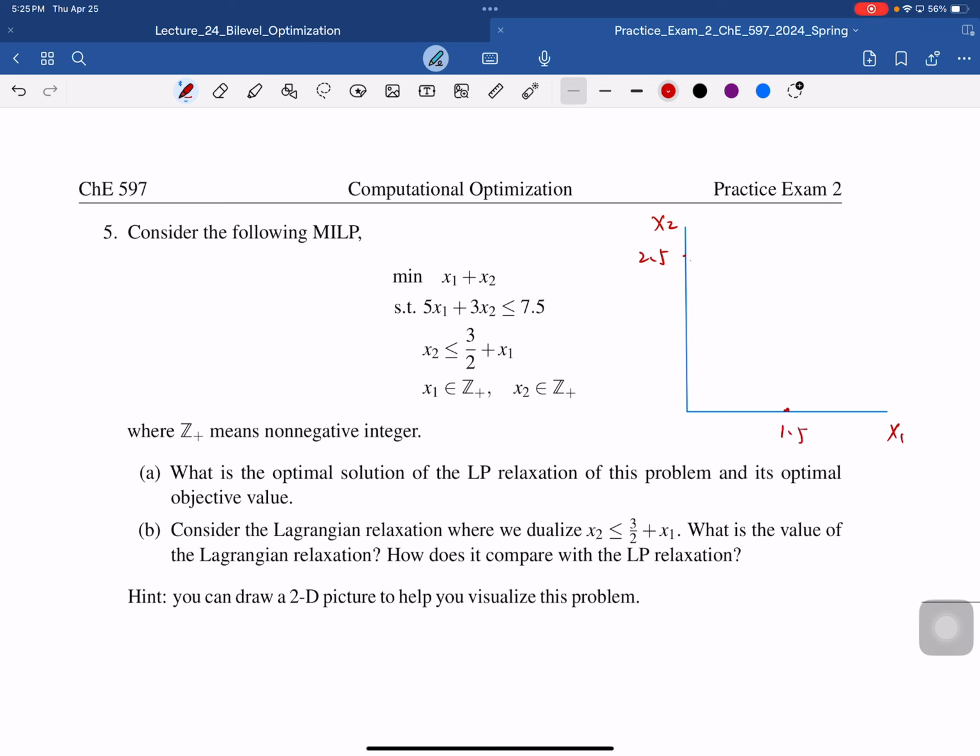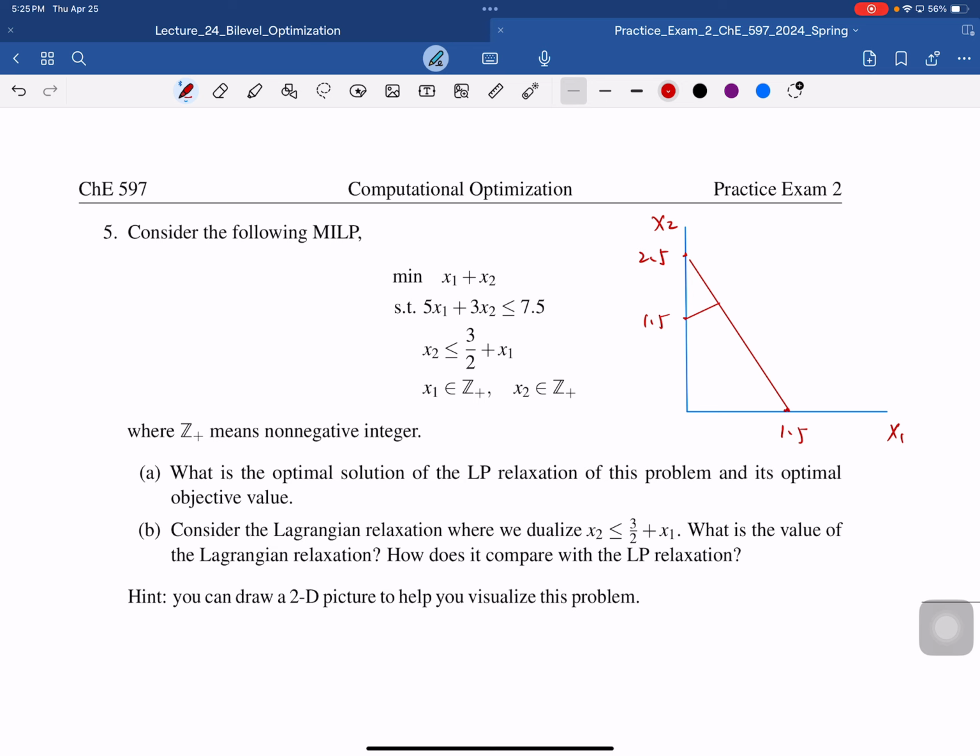So this is essentially describing this particular line here. And then we have x2 less than or equal to 1.5 plus x1. Let's assume perhaps this is 1.5, and the second line looks something like this.